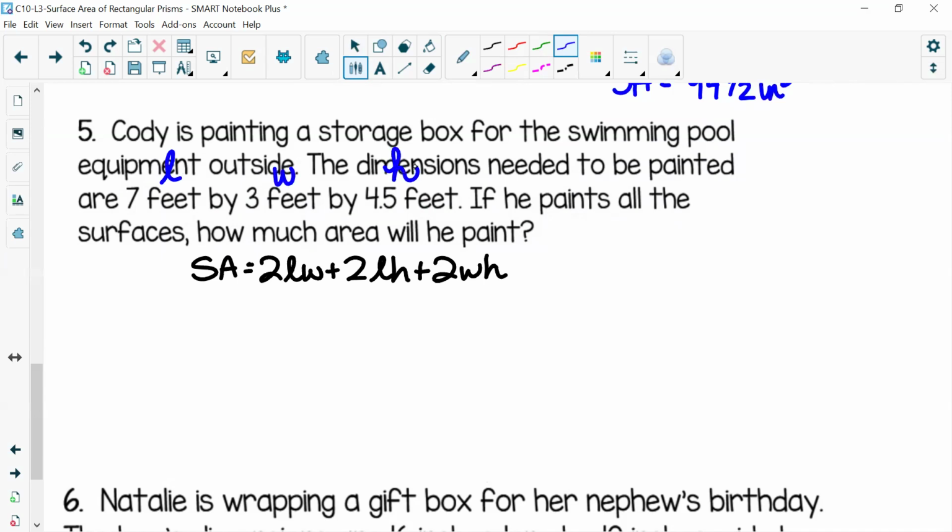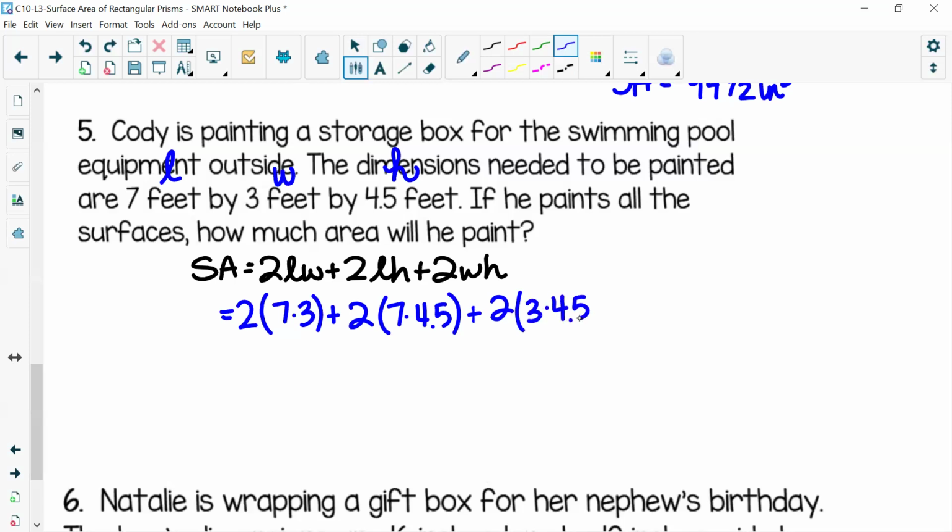I'm only putting that there just to organize my work. So I'm going to go 2 times, my length is 7, my width is 3, plus 2 times, my length is 7, my height is 4.5, plus 2 times my width, which is 3 times 4.5.